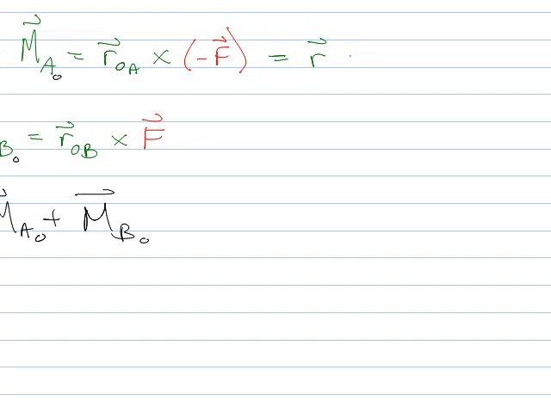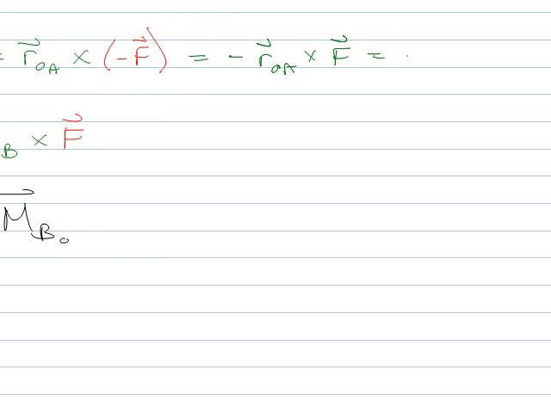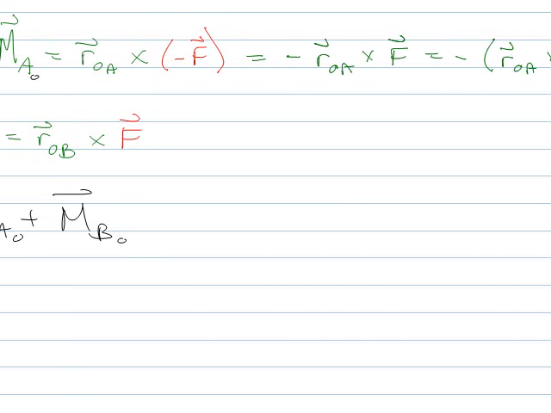R from O to A, crossed with the negative F. What can we do with that negative sign? Remember, we can pull it out front. It's also valid to write negative R of OA cross F. That's valid to do.